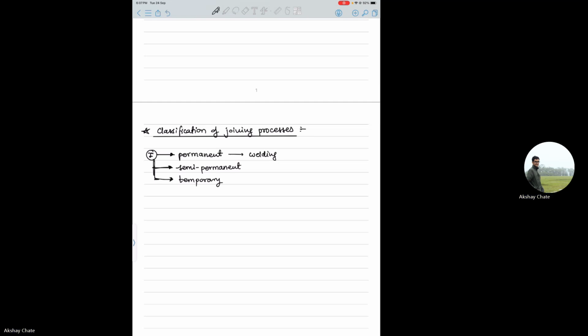So welding is there, and as the name suggests, it is a permanent joint. You cannot remove it and use those parts again, so they will be permanently damaged if you try to remove or reuse them.